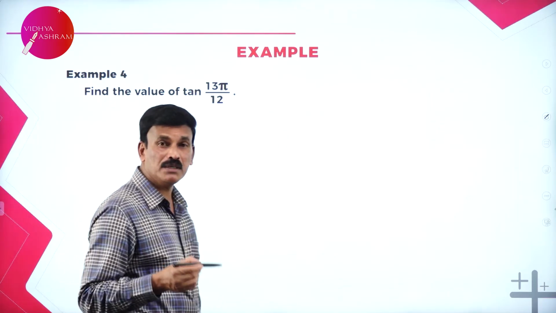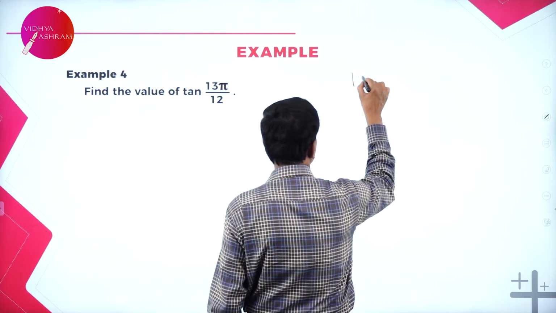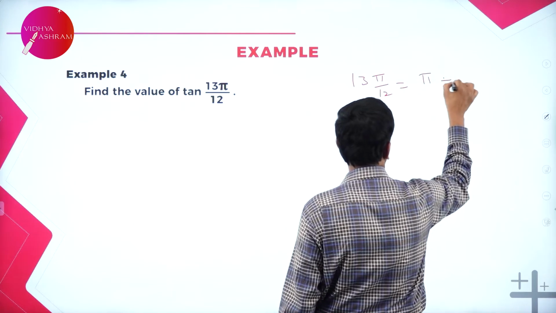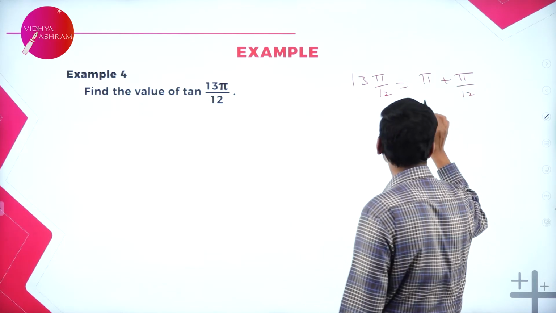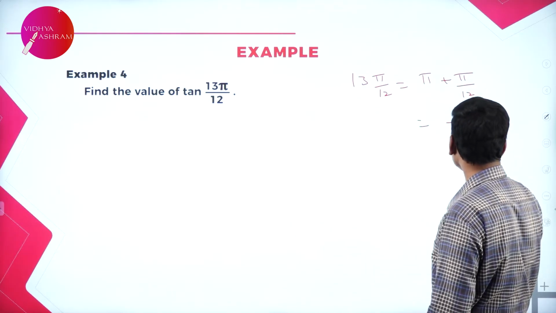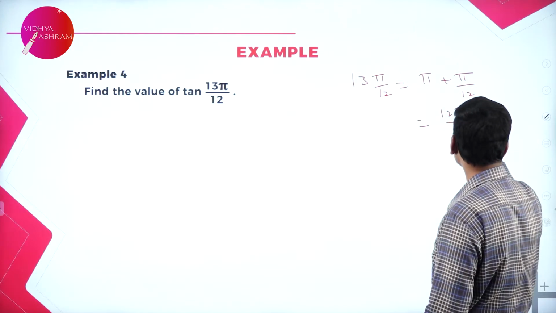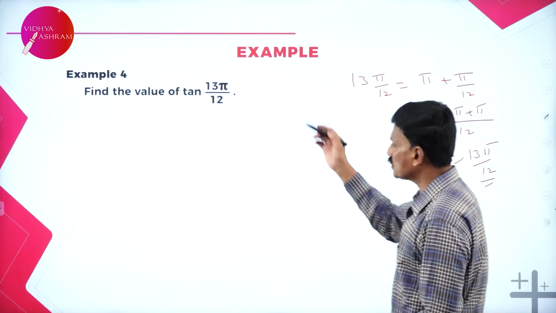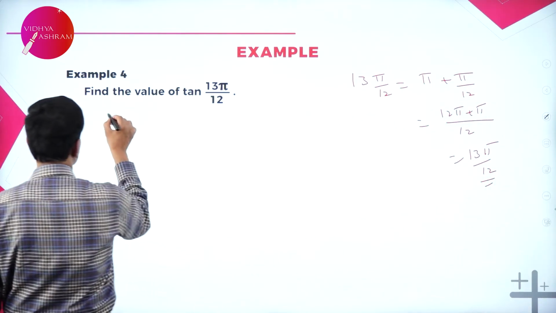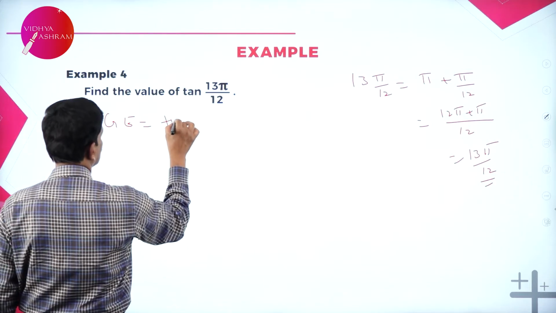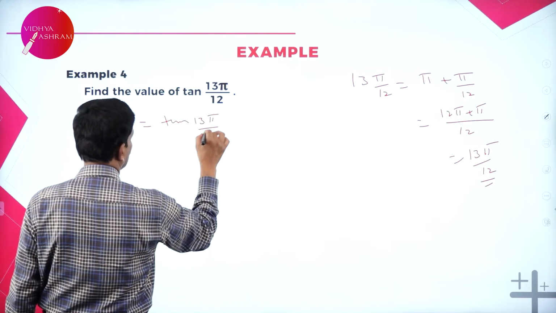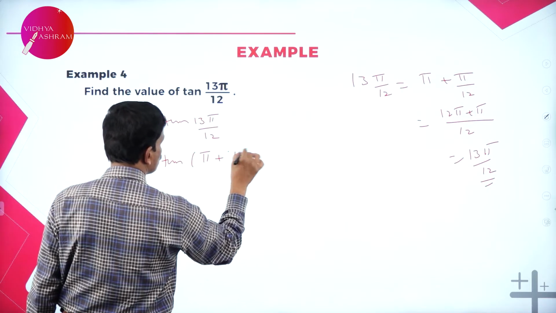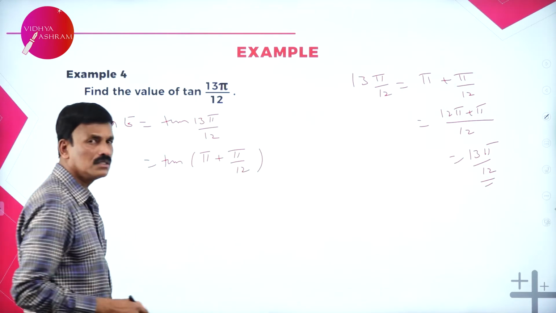Now let us come to the next problem. Find the value of tan 13 pi by 12. 13 pi by 12 can also be written as pi plus pi by 12. To take LCM, 12 is the LCM, 12 into pi plus pi, that is nothing but 13 pi by 12. Now substitute here. The given equation is tan 13 pi by 12 is equal to tan of pi plus pi by 12.